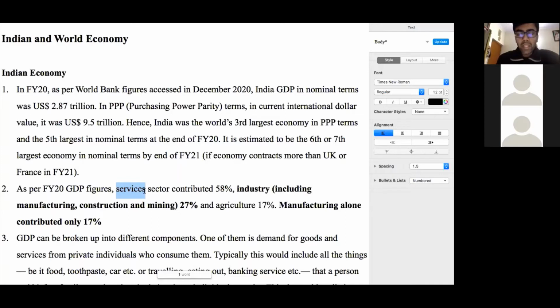Services sector basically simply means the entire huge set of all kinds of services that individuals and organizations of all kinds consume and enjoy over the period of any financial year or calendar year in an economy. Services range from any kinds of traveling, tourism, restaurants, hotels, banking services, all kinds of other services like transportation services, healthcare services, IT services, all these kinds of different services.